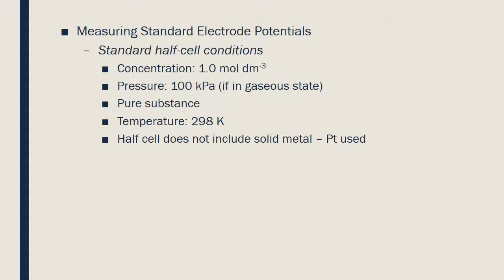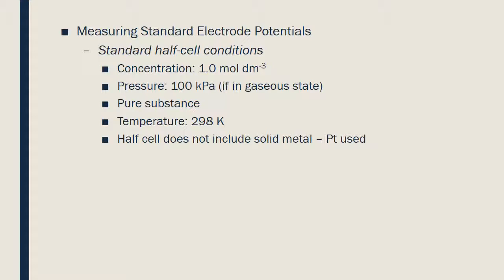So how do we use the standard hydrogen electrode? The other half cell needs to meet the same standard conditions, and those standard conditions are going to be 1.0 moles per decimeter cubed. The pressure, if the other element is in a gaseous state, needs to be 100 kPa. We need to use a pure substance so that it is not competing with other ions in the solution.